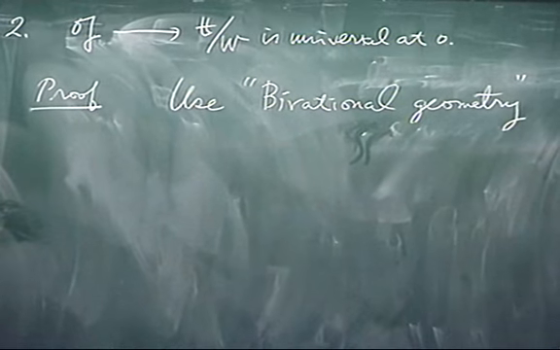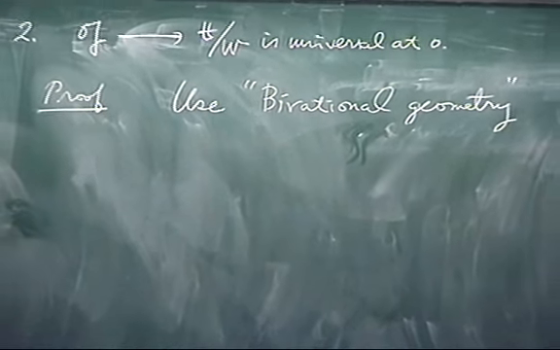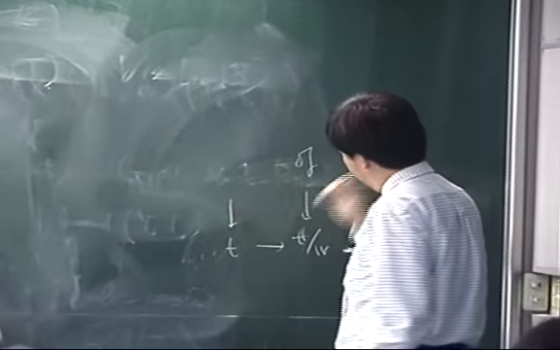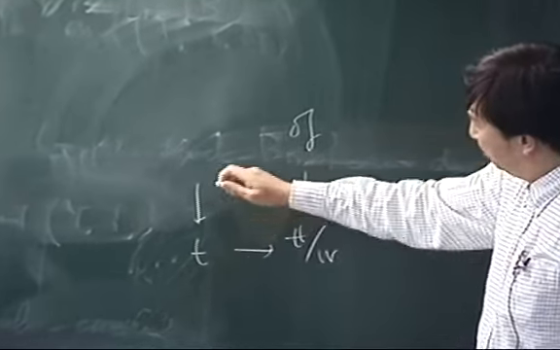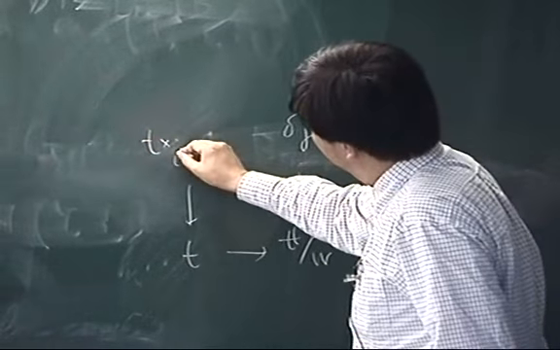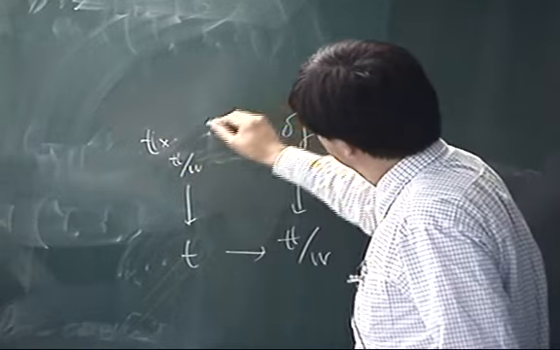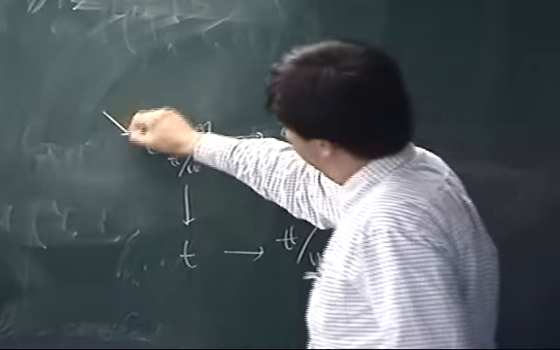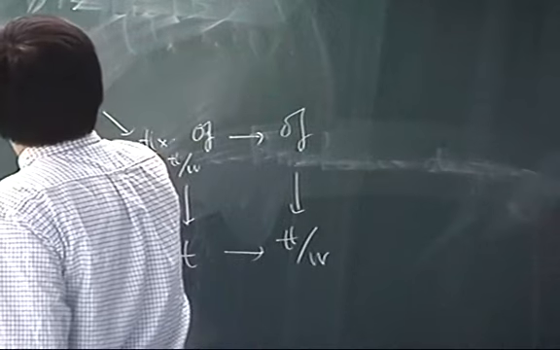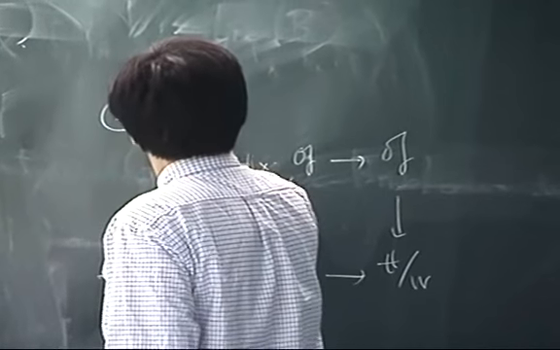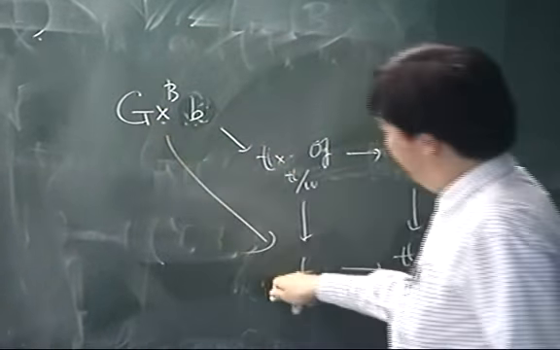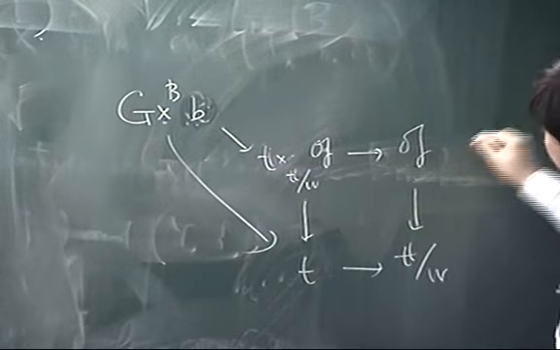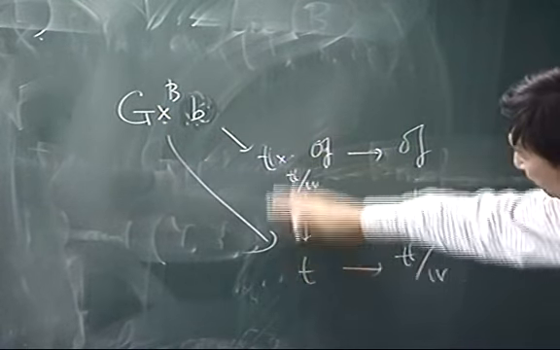So you have a diagram here, J to T mod W, T. So take its fiber product. This variety gives a simultaneous resolution of this pullback family.